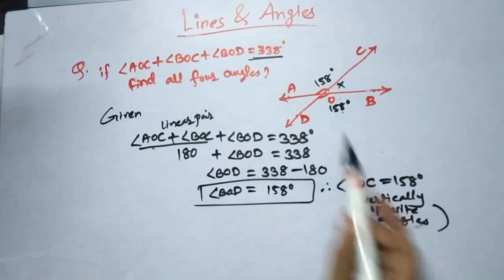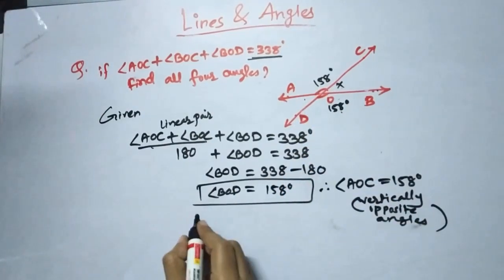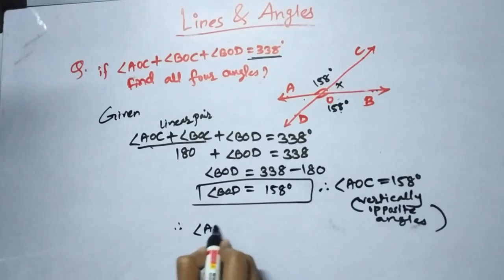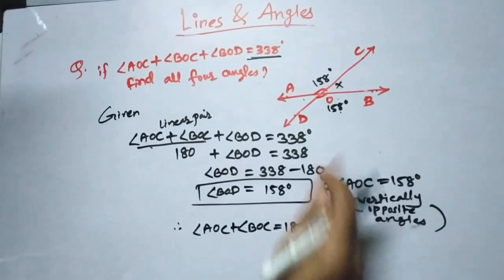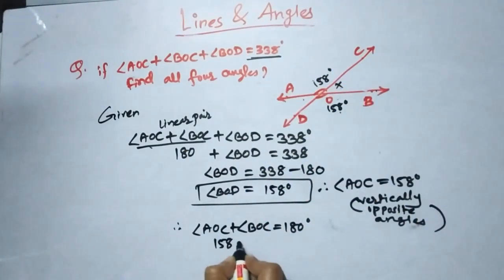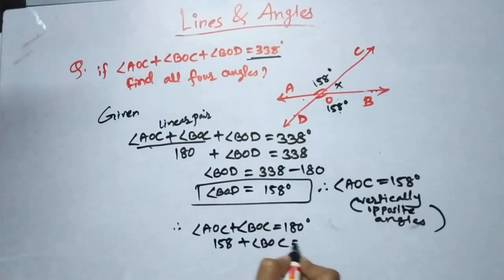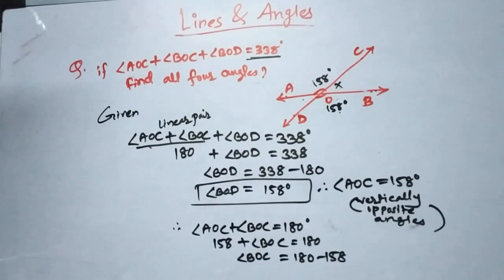So now friends, we need to find out this x, this and this angle. So just write down angle AOC plus angle BOC is equal to 180 degrees. These two are a linear pair. AOC we already got, that is 158, plus BOC is equal to 180 degrees. So friends, angle BOC is equal to 180 minus 158. So friends, just subtract it. Here 10 minus 8 will get a 2. Here 7 minus 5 will get a 2.